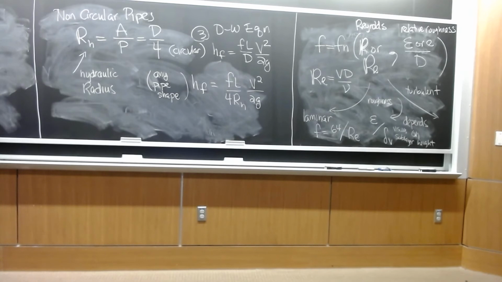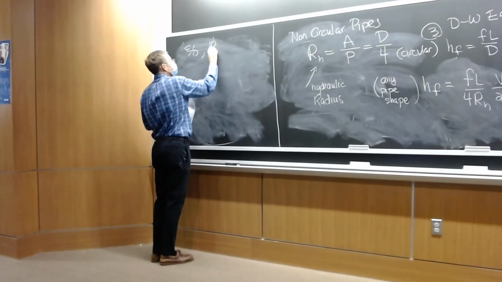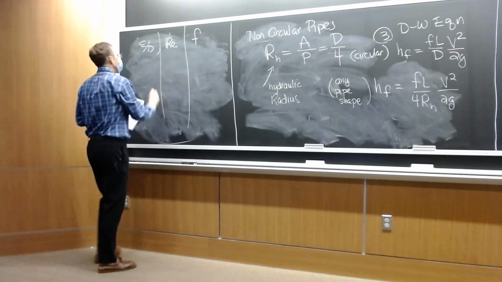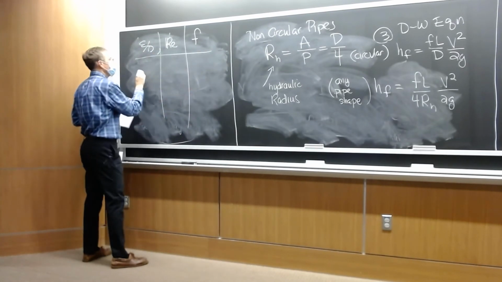You on the Zoom call, and you here, look at the diagram and say we want epsilon over D, we want the Reynolds number, and we want the friction factor that goes with it. This is from the Moody diagram.